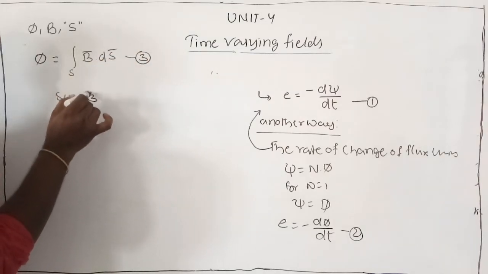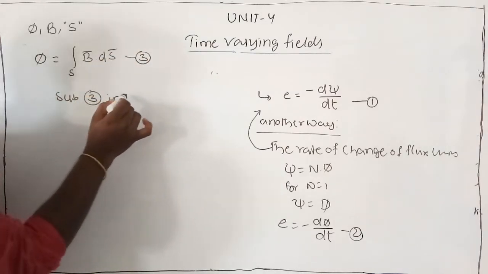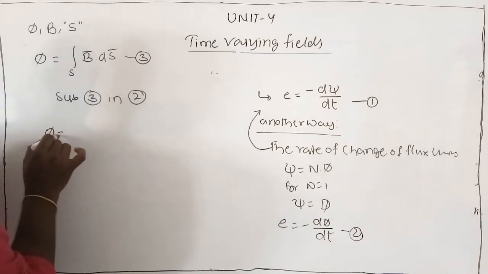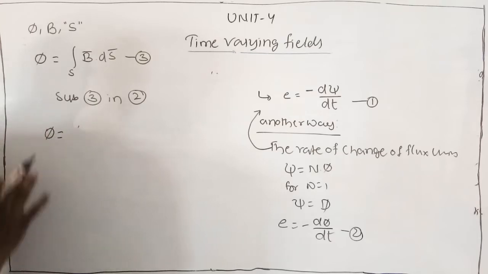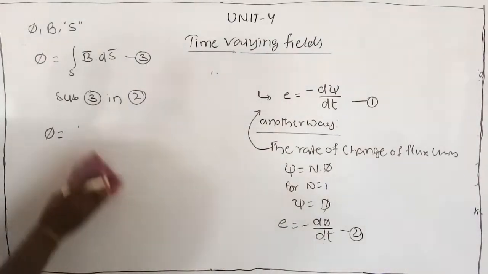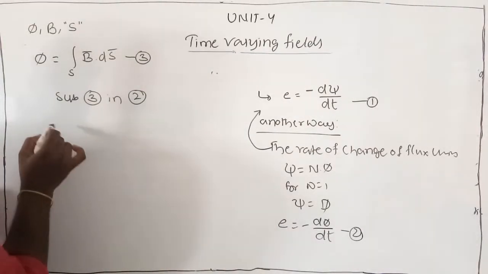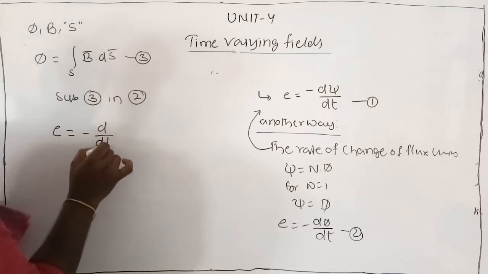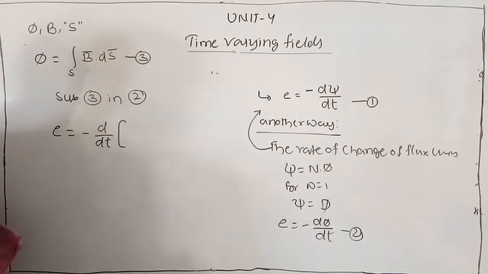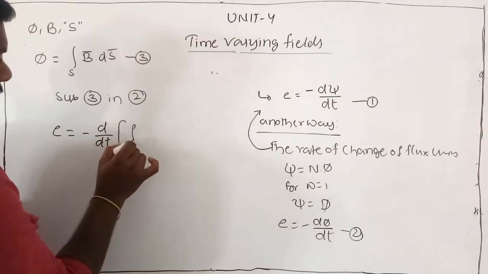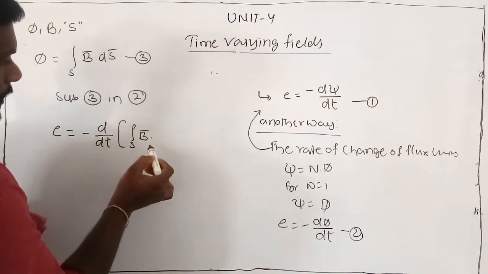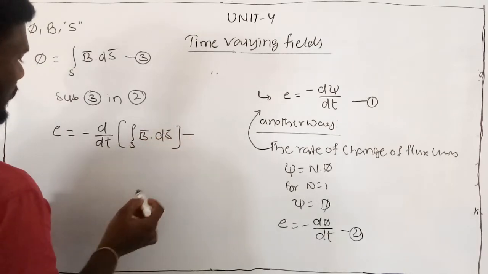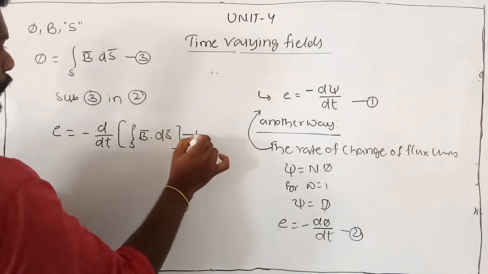Substitute 3 in 2. So E is equal to minus d by dt of phi, and phi is the surface integration of B bar dot dS bar. Consider it equation number 4.